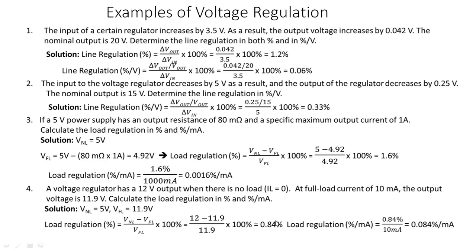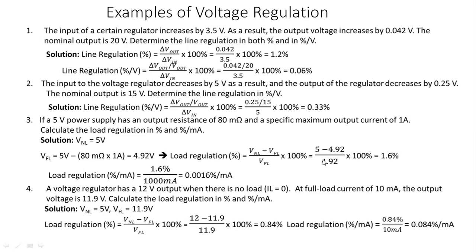Okay, yes. See here, we are supposed to solve for load regulation in the form of percentage per milliampere. So we have the formula, and we are supposed to solve it with respect to 100 milliampere. Here we have the value 1.6%.